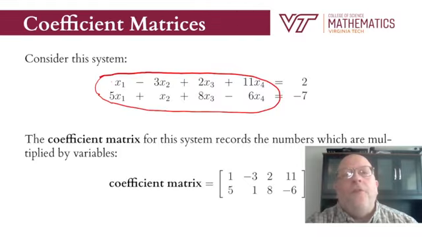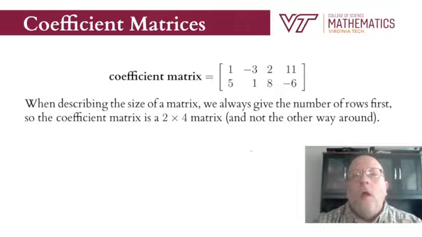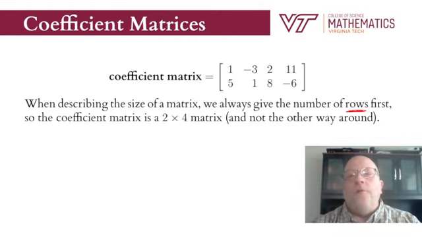The coefficients are 1 and 5, then negative 3 and 1, and then 2 and 8, and then 11 and then negative 6. When we describe the size of this matrix, again, the number of rows go first. And so we say this is a 2 by 4 matrix and not a 4 by 2 matrix.